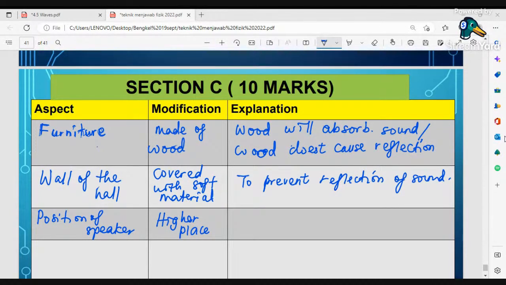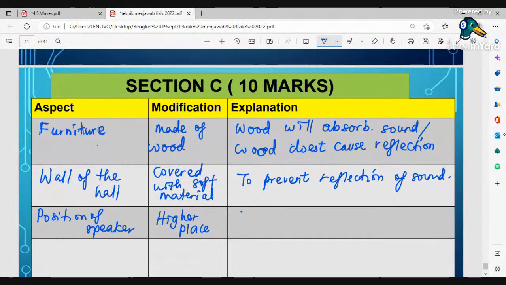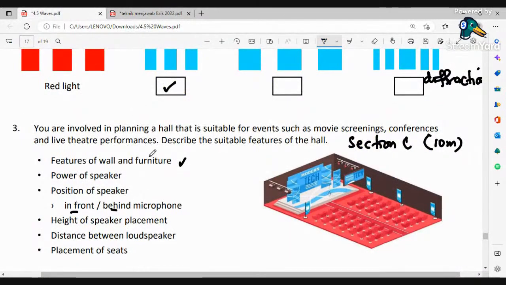Okay, we put the speaker at a higher place because at a higher place there is less obstacle. Okay, and then we look at the next aspect. Oh, so position of speaker. Sorry, in front or behind?